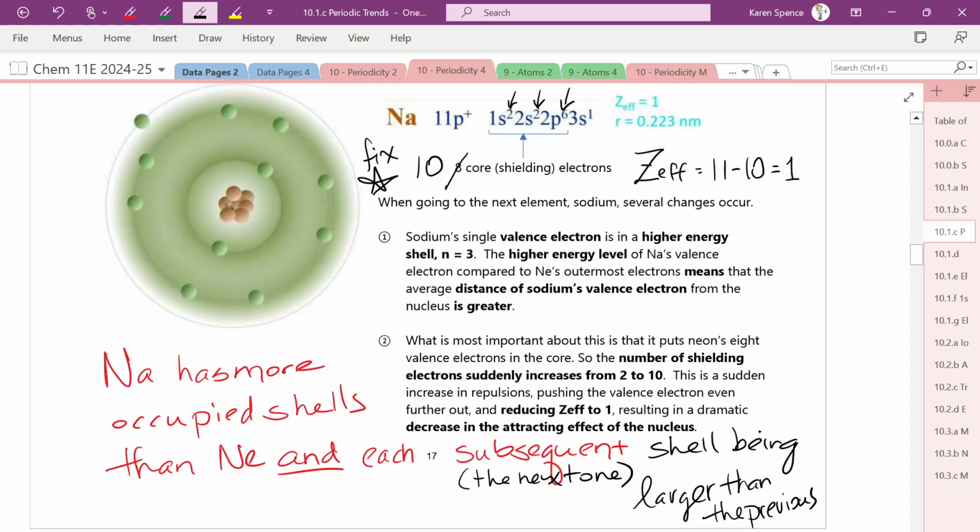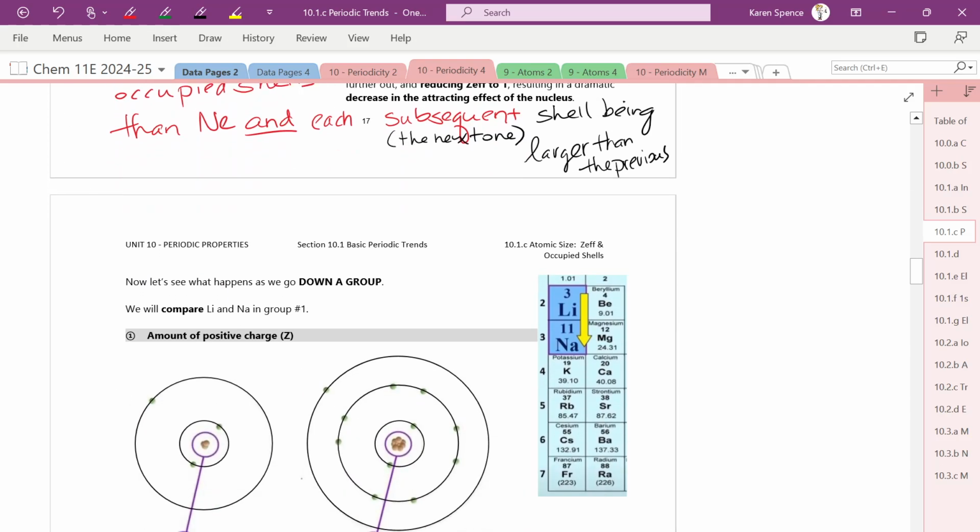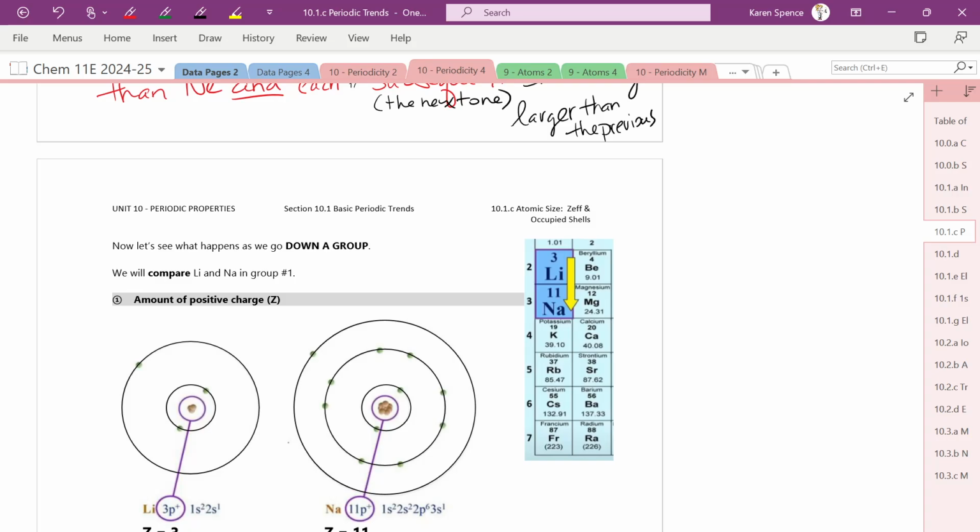So not only does it have more occupied shells, but also it has a smaller attractive force on its outer electrons because the Zeff is smaller. So basically more shells, less pulling, okay? More shells and less pulling. Therefore bigger.